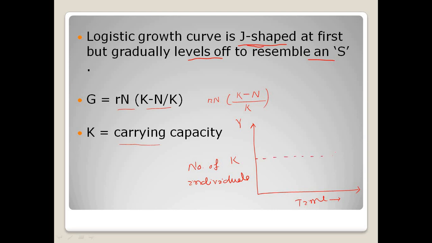Carrying capacity is the maximum limit of a space or habitat to carry the maximum number of species. After this, there is a sudden decline because it exceeds the carrying capacity of the habitat. This is the exponential growth, which is J-shaped and exceeding carrying capacity.